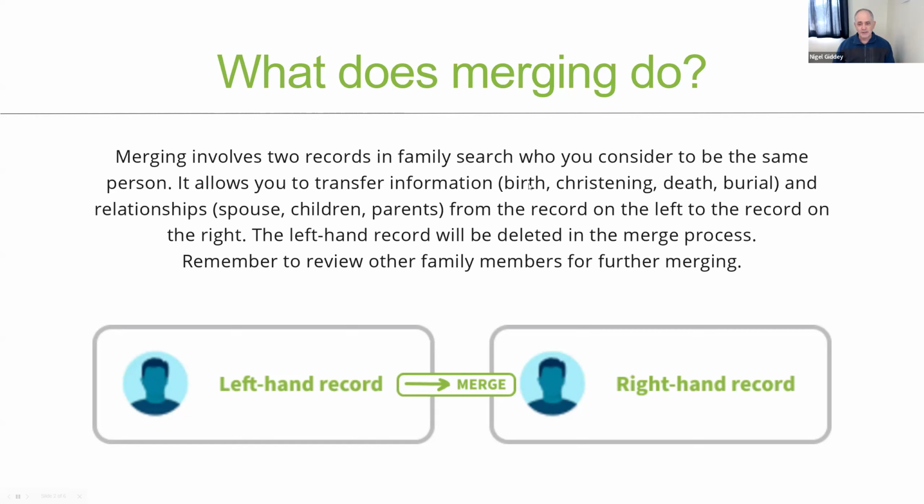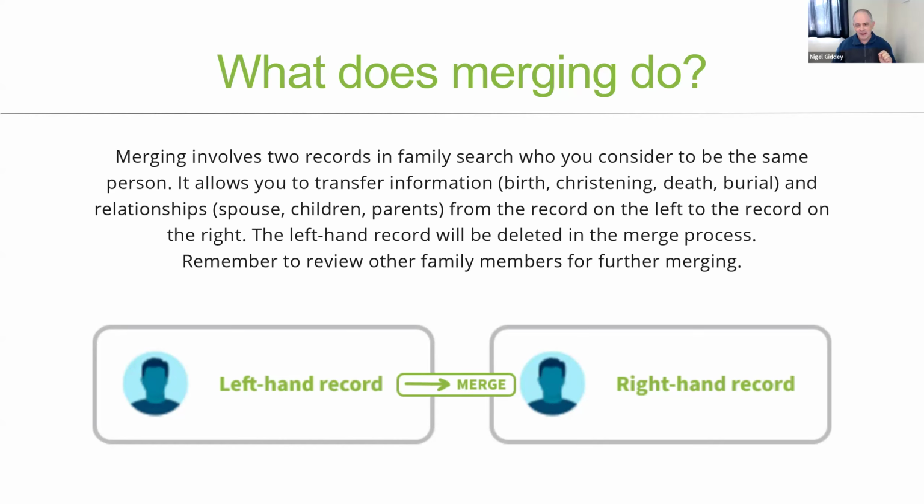It allows you to transfer information pertaining to that person, such as their birth, christening, death, burial. You choose a winner between the left and the right, and what wins goes to the right-hand side. And then relationships, which will be spouse, parents, children, are the ones you want to move from the left-hand side to the right-hand side.